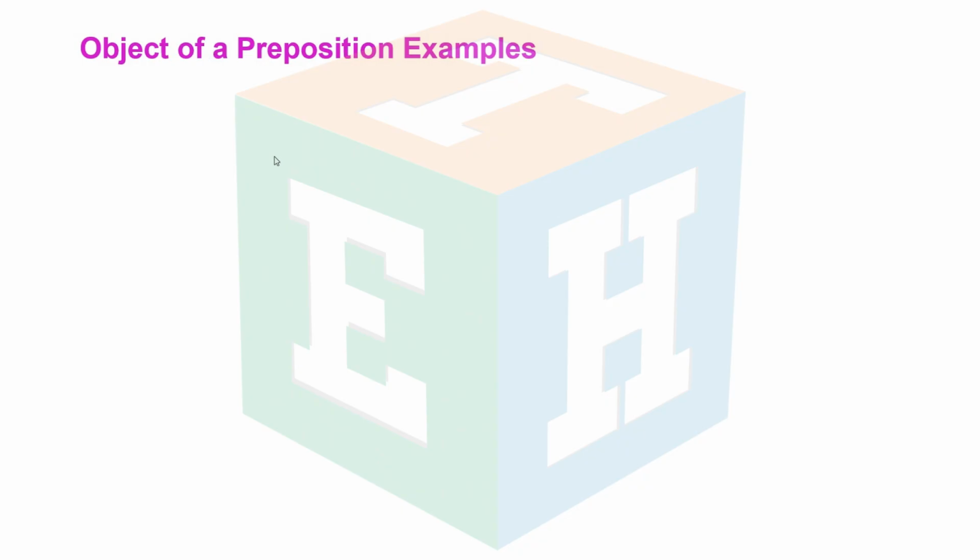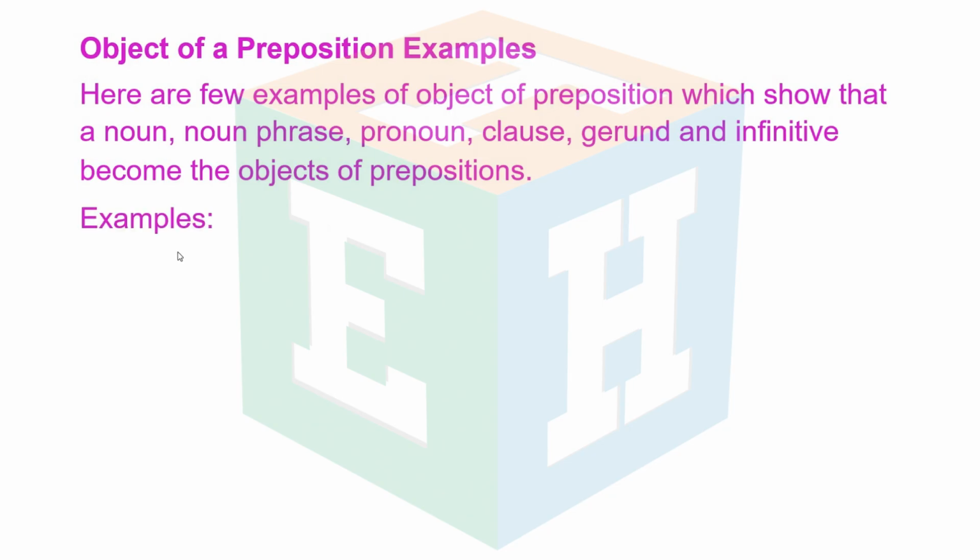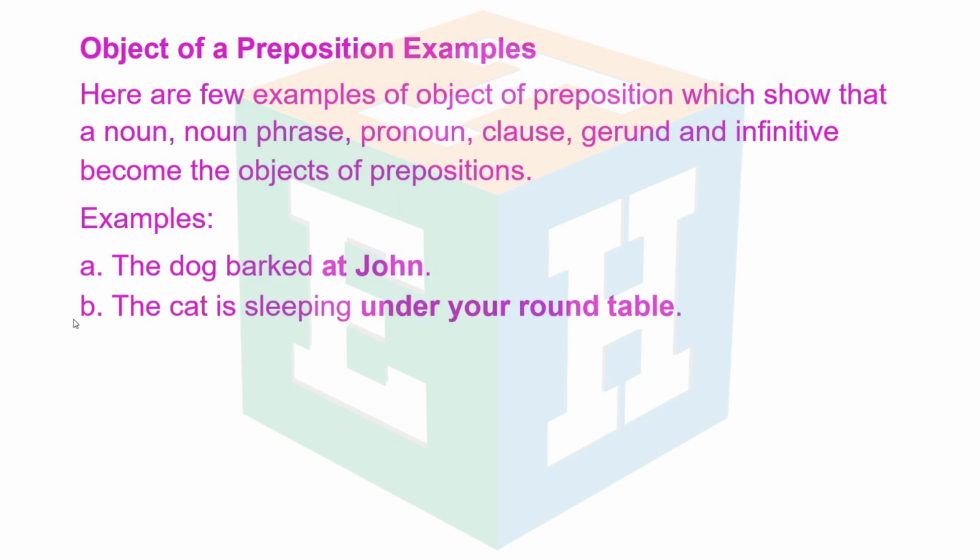Object of a preposition examples. Here are a few examples of object of preposition which show that a noun, noun phrase, pronoun, clause, gerund, and infinitive become the objects of prepositions. A. The dog barked at John. B. The cat is sleeping under your round table.